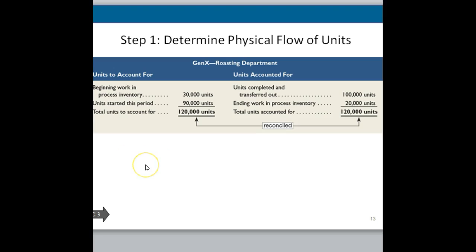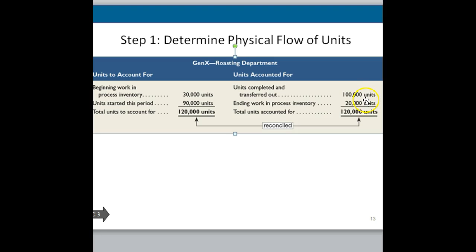Now what are we going to do? So now we're going to determine the physical flow of units. And to do that, we take our beginning work in process, 30,000 units. Notice we're using full units here. We started 90,000, so I have 120,000 units to think of. After I have completed and transferred out 100,000 units, I have an ending work in process of 20,000 units.